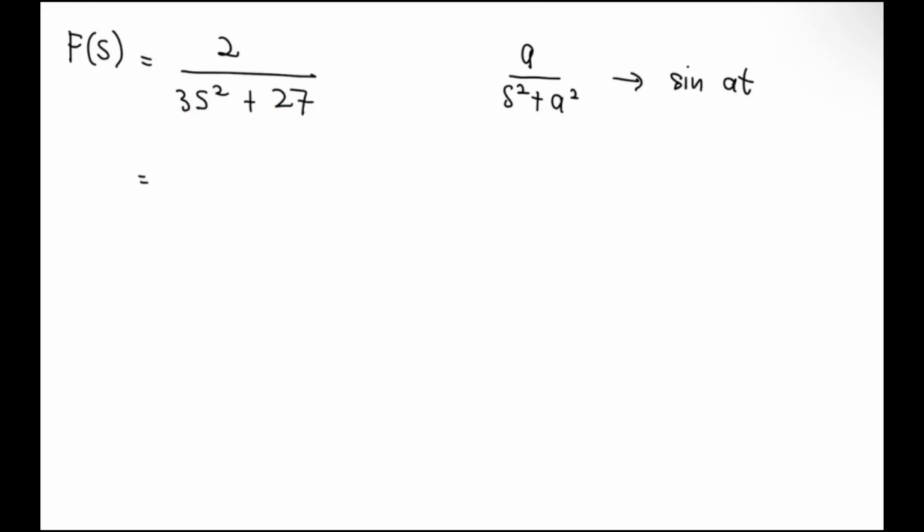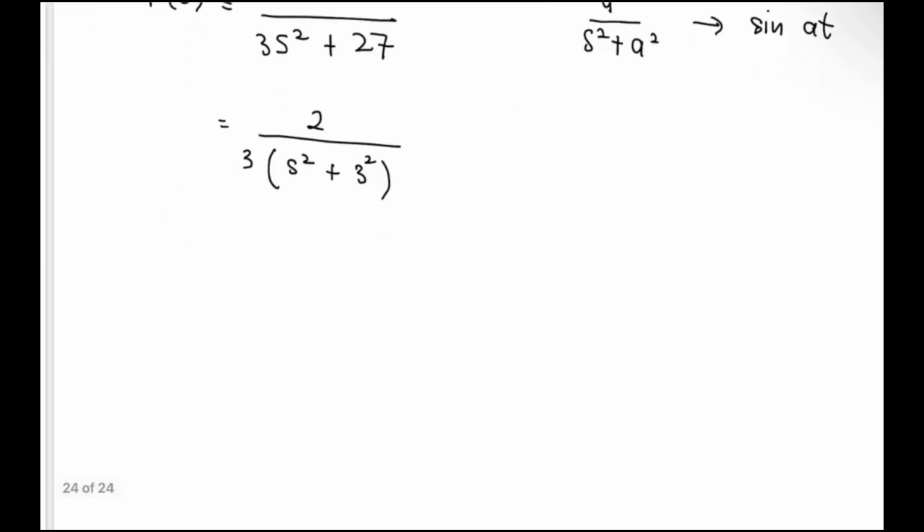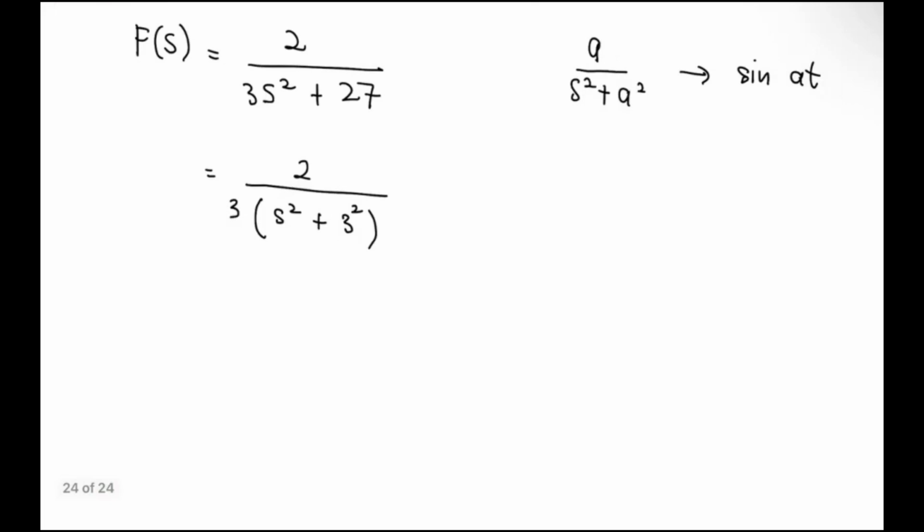So first we have 2 over 3, I can put outside. So now inside will be s squared plus 9. 9 actually is 3 to the power of 2, right? So we have 2 over 3 multiplied by s squared plus 3 squared. Okay, so we are going to use this information.